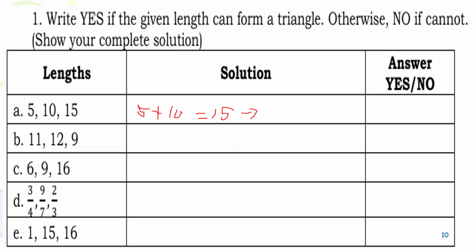So the answer is no. Why? It should not be equal to 15. It should be greater. Like this one, 11 plus 12 equals 23, and 23 is greater than 9. So the answer is yes.